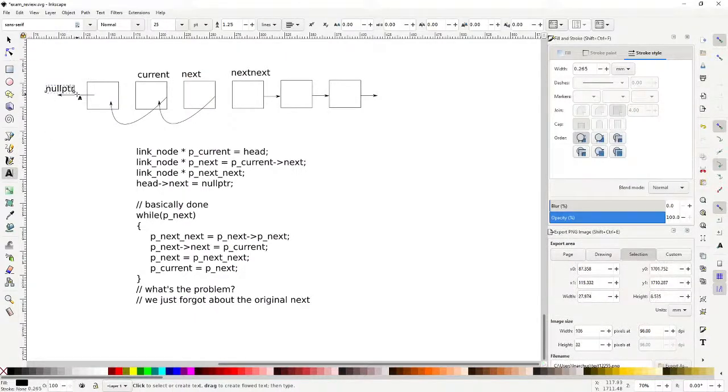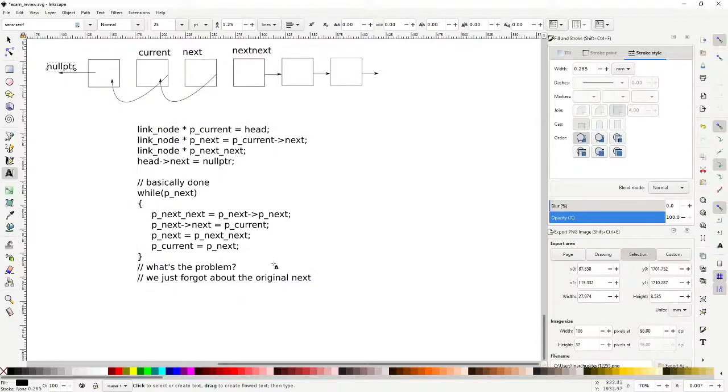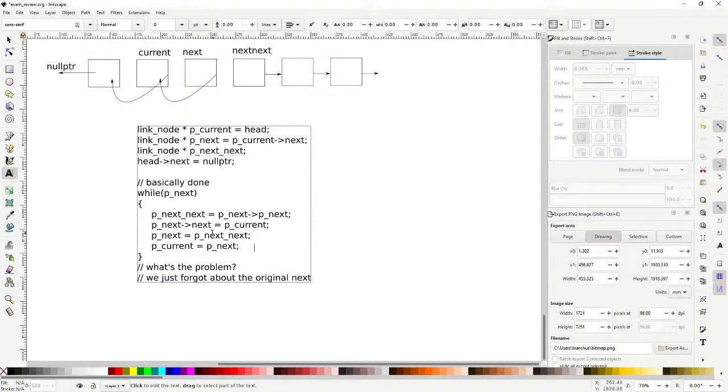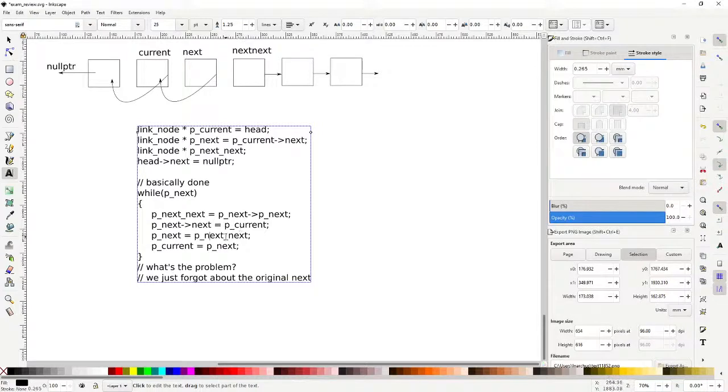I don't know if this is 100% fixed up or perfectly right, but this is basically the idea of how to do this type of problem, okay? In this case, you need to keep track of 3 nodes, because to reverse a linked list, you need to know the current one where you're going to set the next pointer, the next one from which the next pointer will be set, and the next so we don't forget, right?